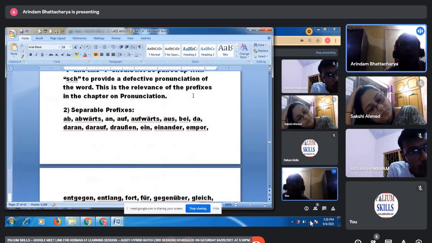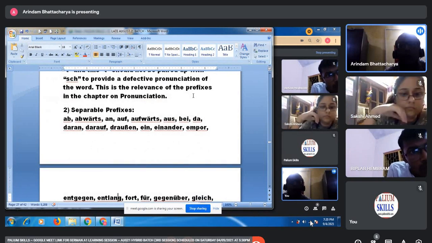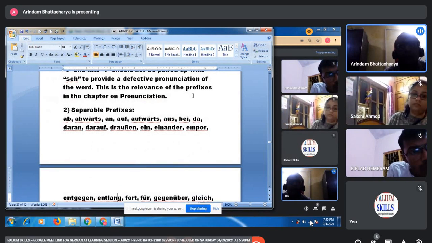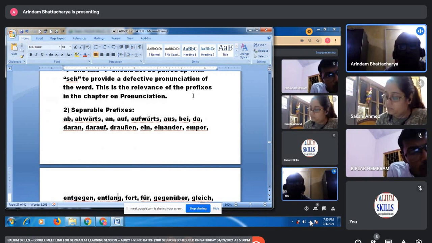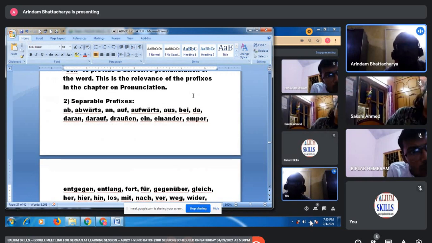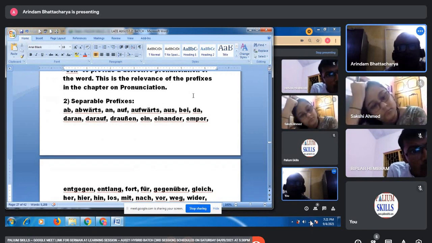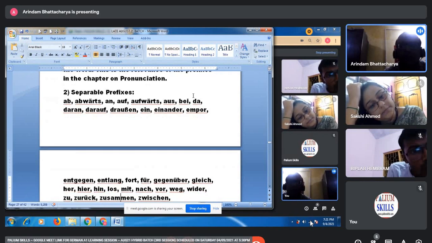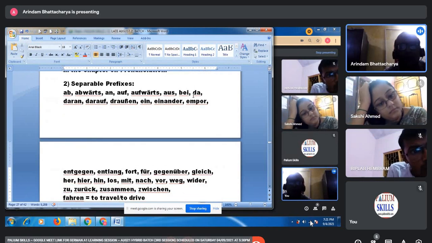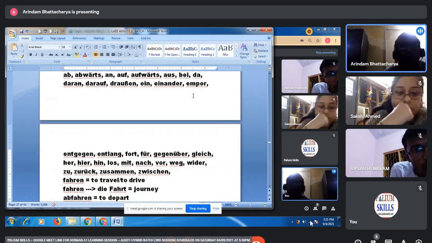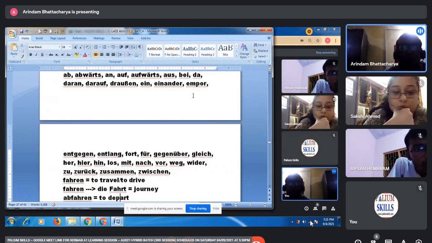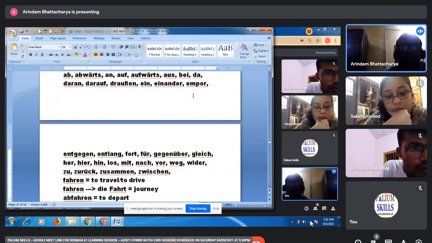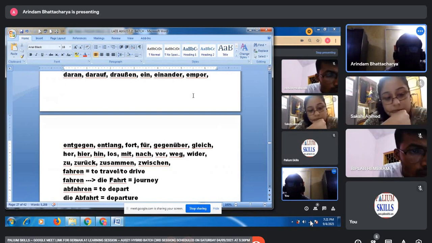Separable prefixes: ab, abwärts, an, auf, aufwärts, aus, bei, da, daran, darauf, draußen, ein, einander, empor, entgegen, entlang, fort, für, gegenüber, gleich, hier, her, hin, los, mit, nach, vor, weg, wieder, zu, zurück, zusammen, zwischen. So fahren, to travel, to drive. Abfahren, to depart.